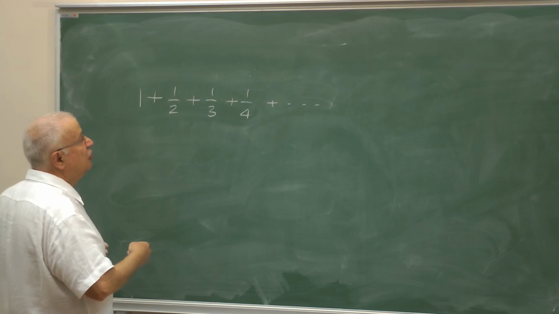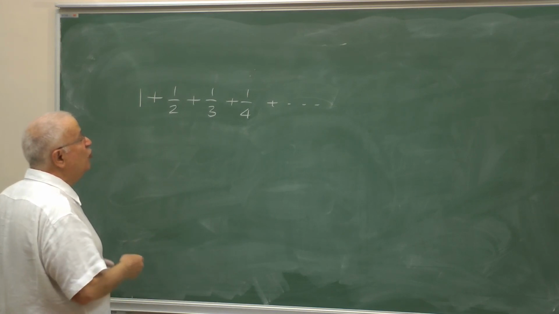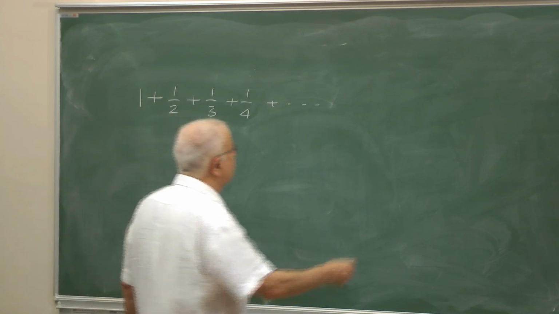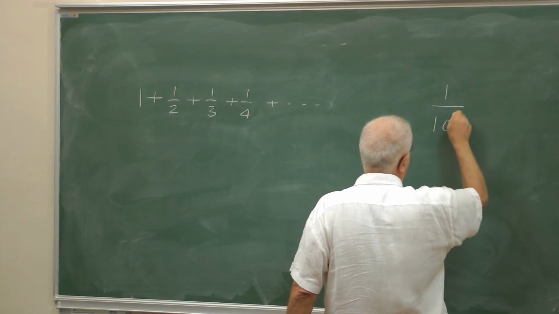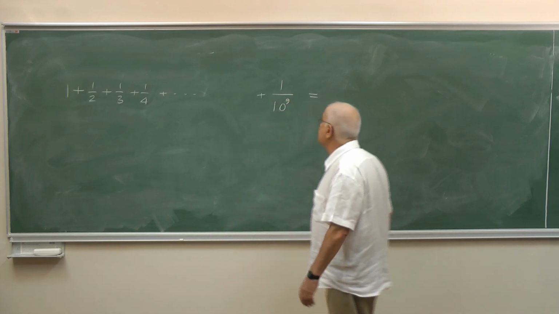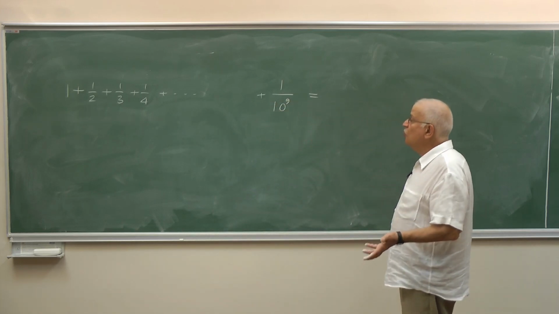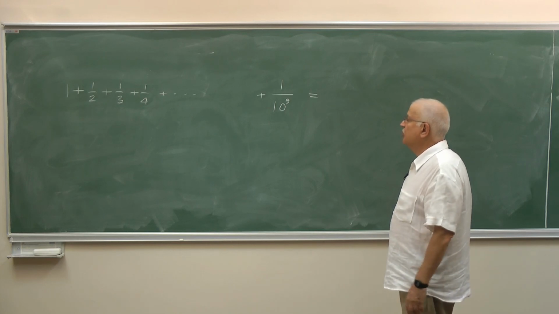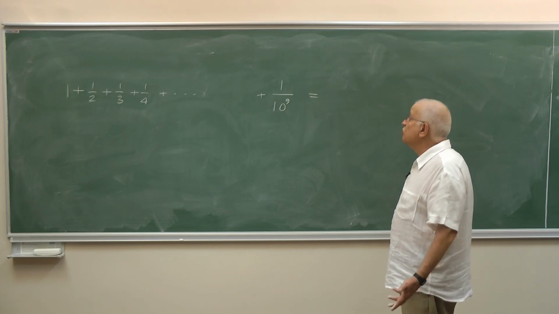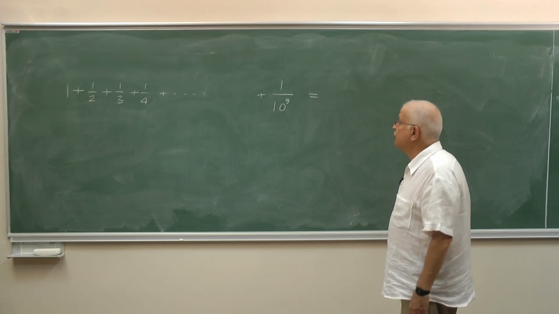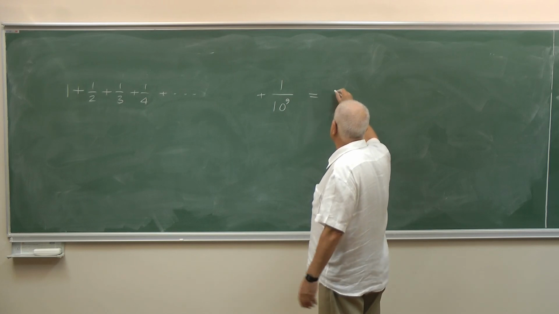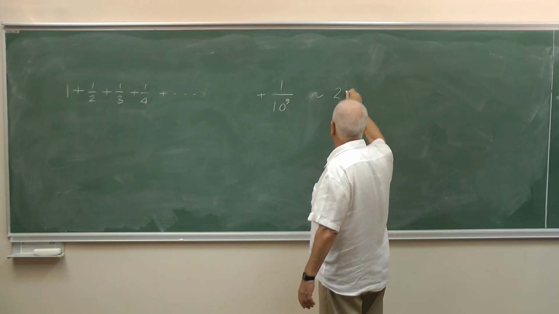If you sum the first billion terms using a computer, this will be something like the natural logarithm of a billion. So it will be 9 times 2.3. It will be something like 25.